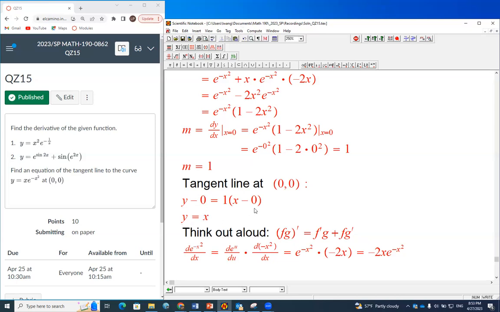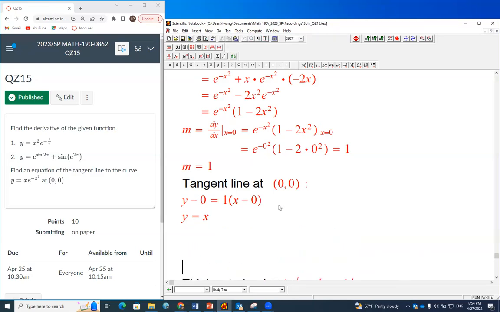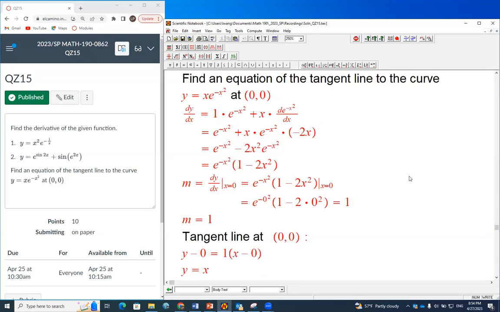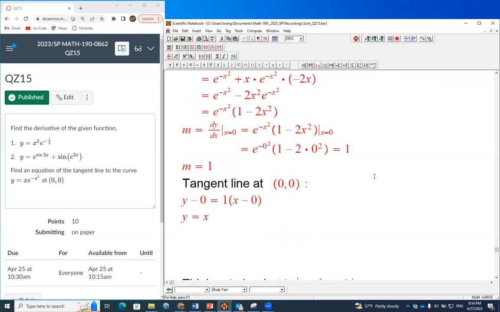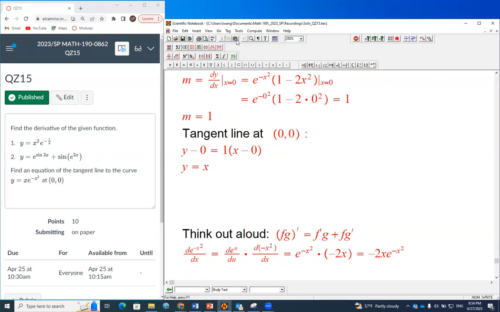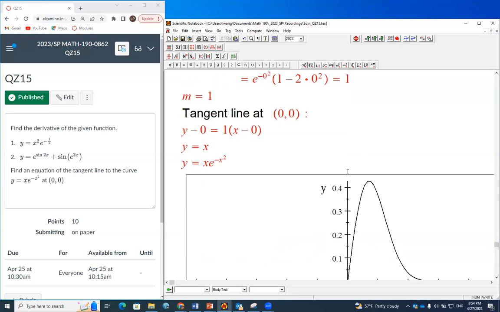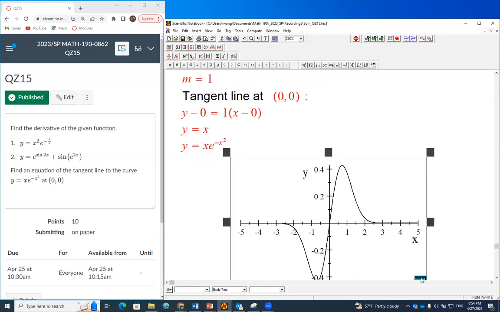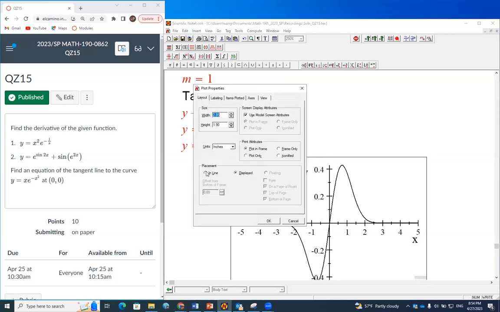Okay. So what is the geometric meaning? Okay, we didn't ask you for it, but you can certainly do it, right? So if you have a graphing calculator, you can graph it. Okay, so this is the graph of the function.